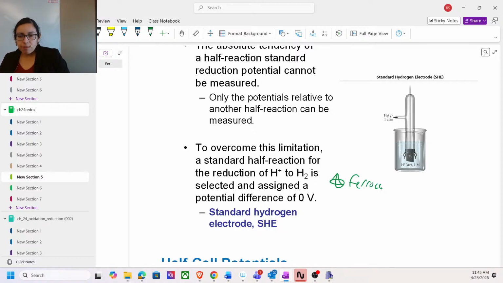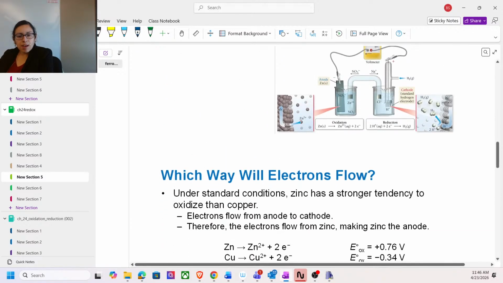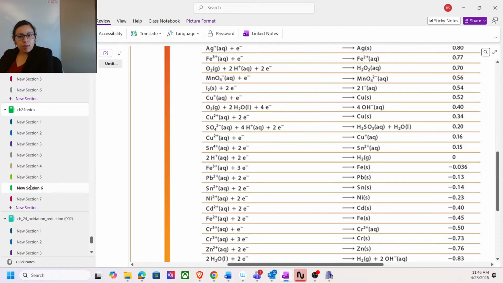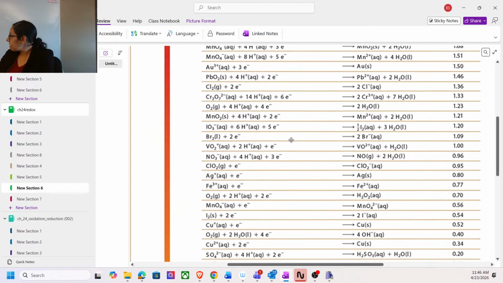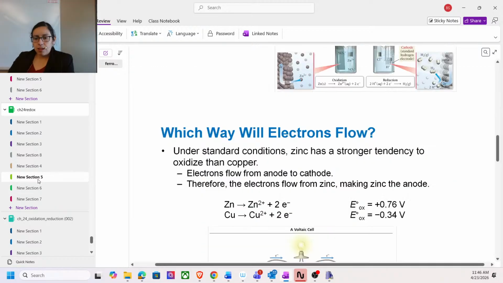So for example, ferrocene is often used by inorganic chemists if they're trying to test their little electrolysis setup and measure the reduction potential of anything. You just compare it to some standard. And so again, that's how all these were derived. So that's just our standard reduction potentials that we've been using.